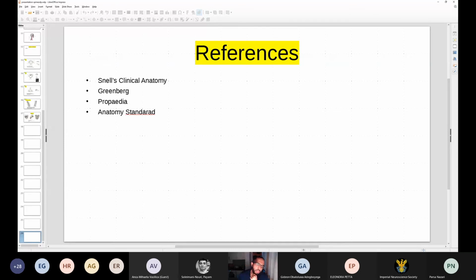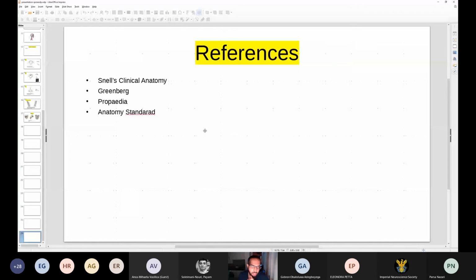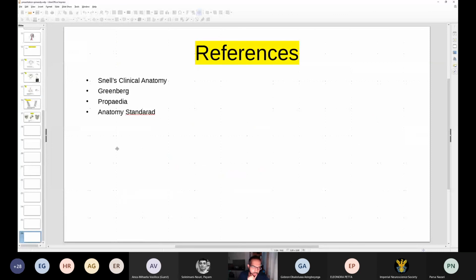The last bit, I think, was obvious. These nice 3D structures are from Anatomy Standards. They have very nice websites, and from Radiopaedia and courtesy of Zenso, and you can use it with no problem.